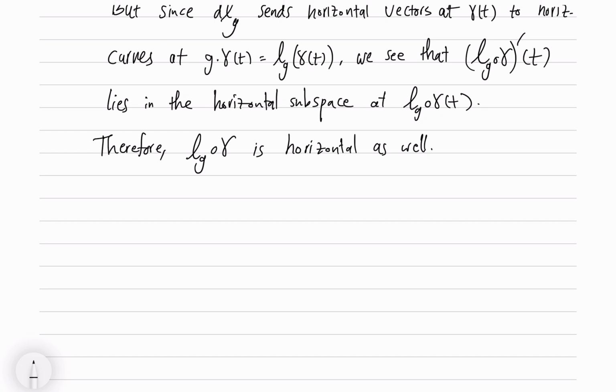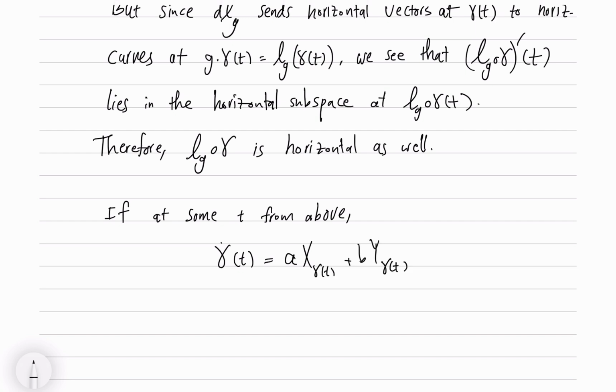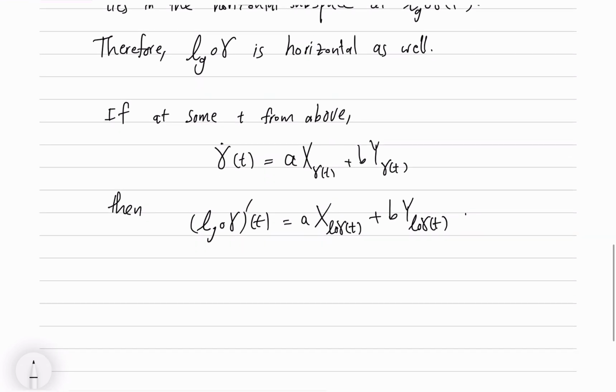Actually, we could probably be smarter and combine the two proofs into one. If at some t from above, gamma prime of t is a X of gamma(t) plus b Y of gamma(t), then the derivative of L_G composed with gamma at t will be a X at L_G composed with gamma(t) plus b Y at L_G composed with gamma(t).